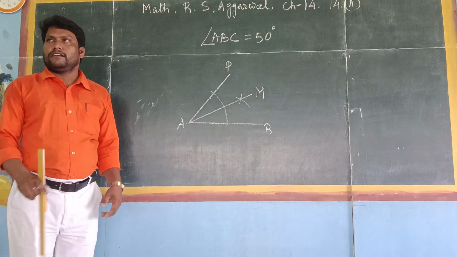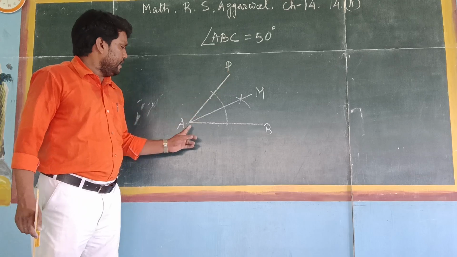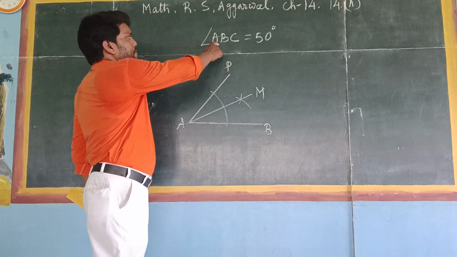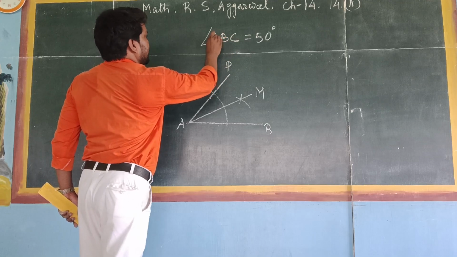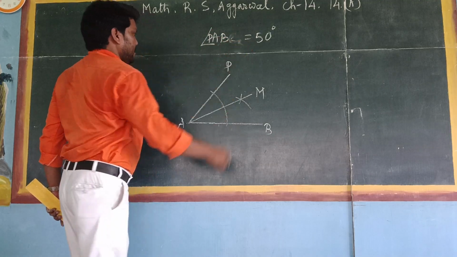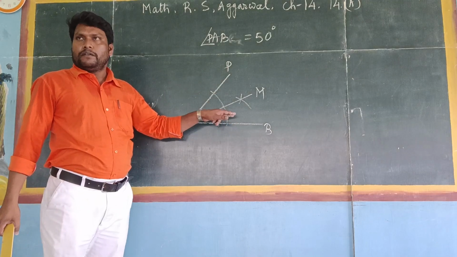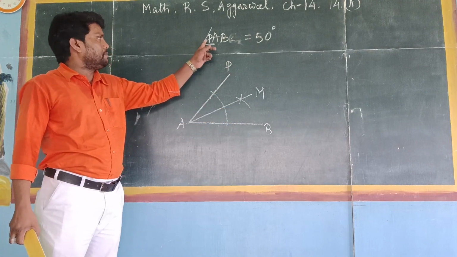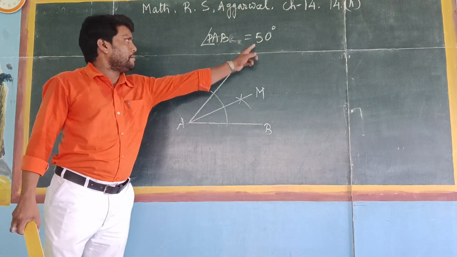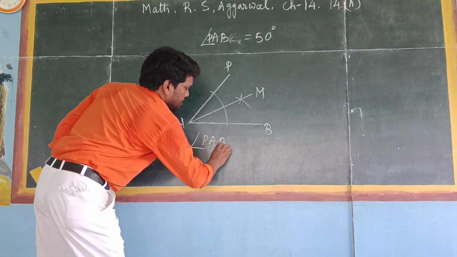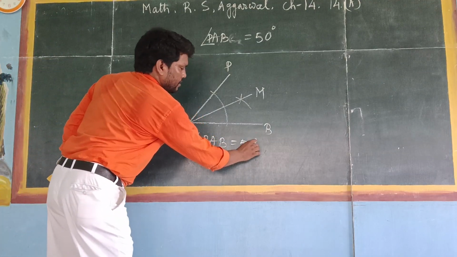So at first angle PAB, that means I have taken here ABC, that means PAB. Just for matching to the figure, I have changed it to PAB, 50 degree. So angle PAB was 50 degree.